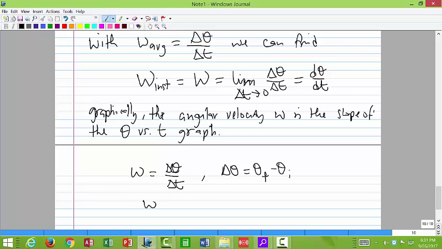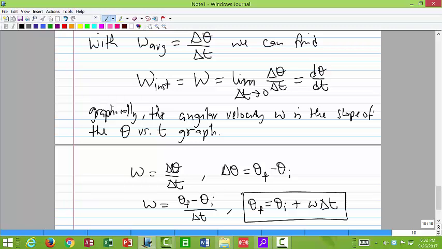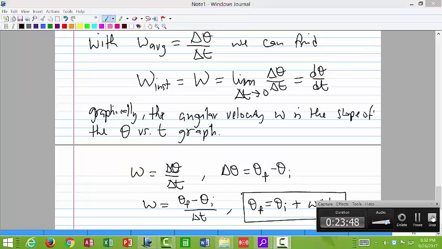So omega is equal to theta final minus theta initial over delta t. This allows us to write theta final equals theta initial plus omega delta t. Any questions at this point? Let me save this and then we'll go from there.